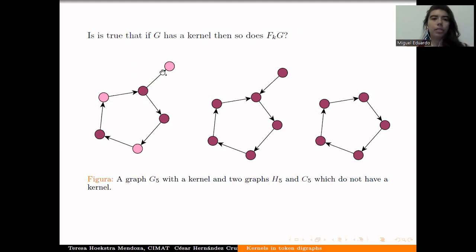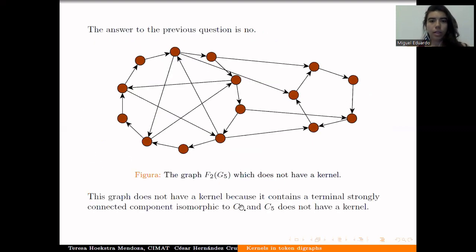The pink vertices form a kernel for this digraph, and the other two do not have a kernel. I'm going to call them G5, H5, and C5. And then we are going to look at the token digraph of the first one, G5. It is this graph here. And the answer to the previous question is no. This digraph does not have a kernel.